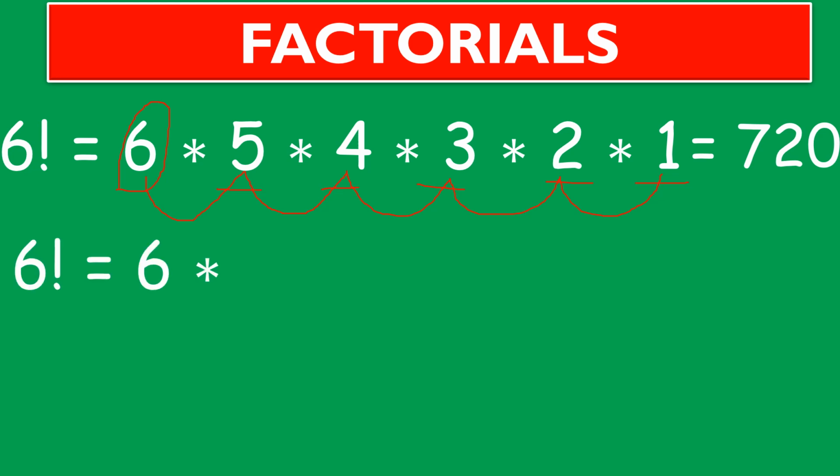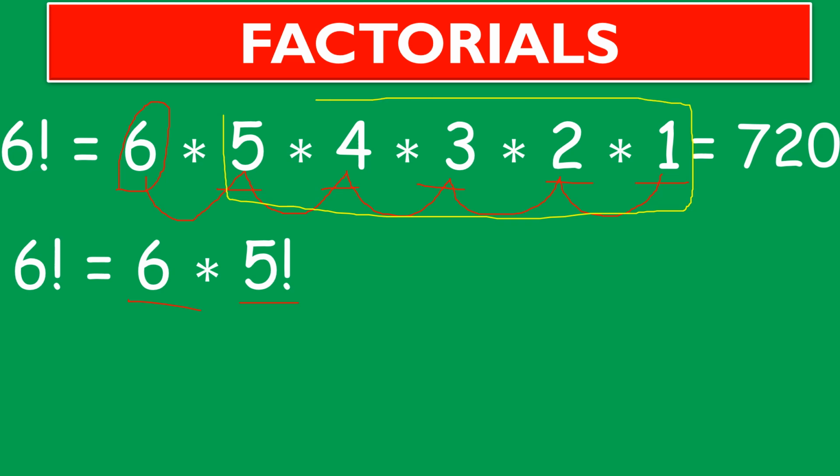Remember that we can express this value 6 factorial by saying it is 6 times 5 factorial, because all this expression, which is 5 times 4 times 3 times 2 times 1, is also the same as 5 factorial. So we can say that 6 factorial is 6 times 5 factorial, and that will also give us 720.